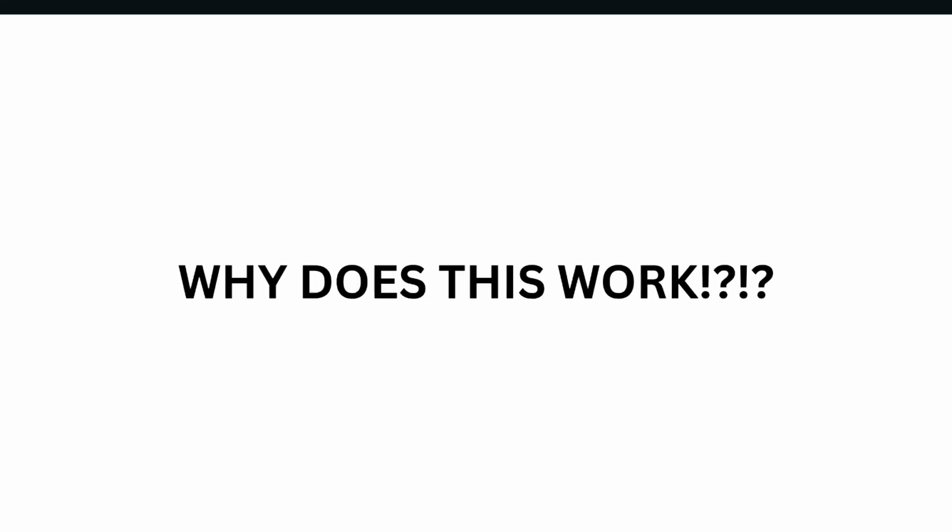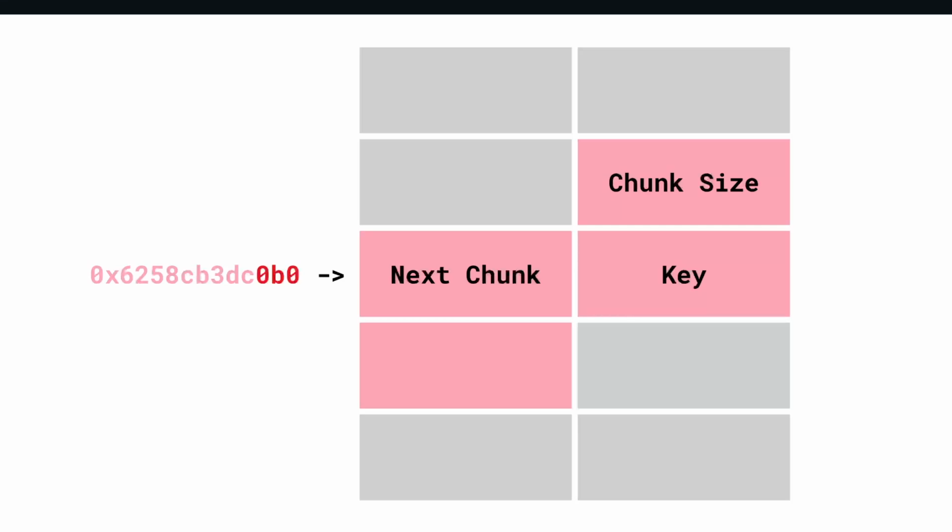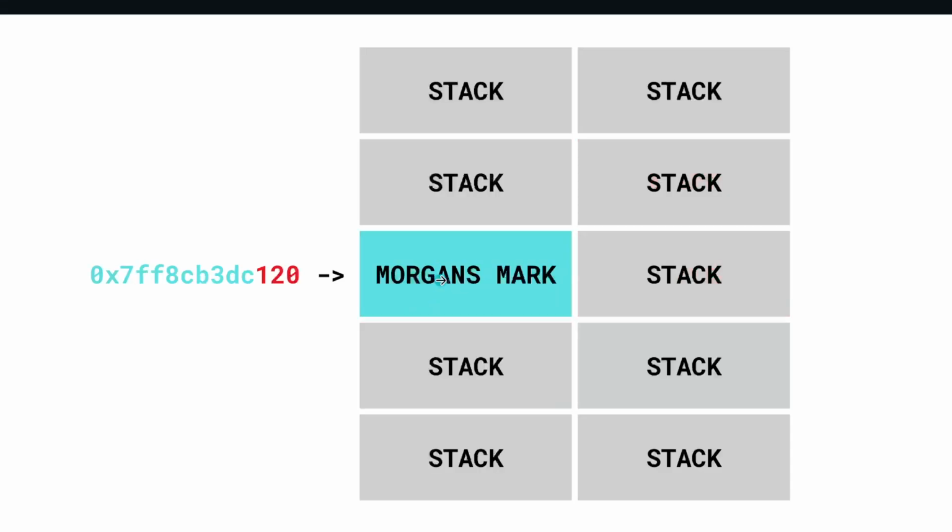Wow, that's pretty cool. So why does this work? Well, pretty much we're trying to get these memory pointers to overlap with each other. So to begin with, we had this item in the free list, and we had our mark, right? We had this stored in our array. So we could still write to this free list by writing to the mark. We could do our use after free. We shouldn't be able to write the mark here, but we're still able to use this memory address here. And then after that, well, we had Morgan's mark. This is what my code saw.